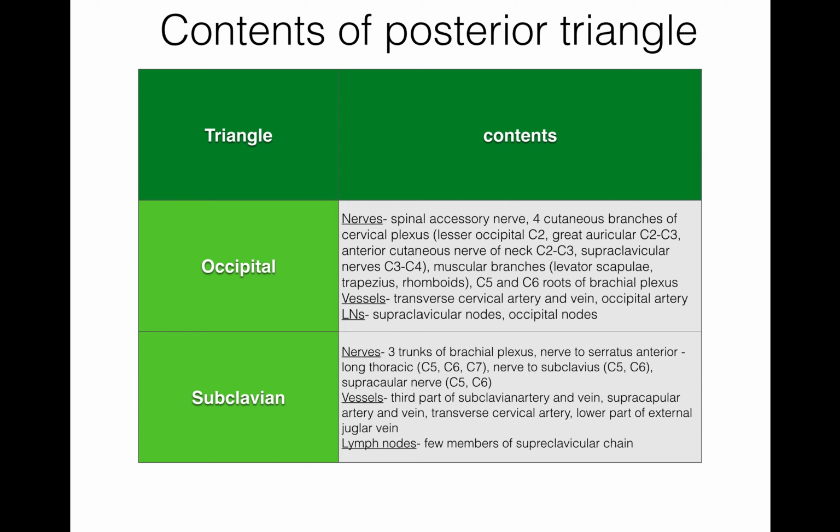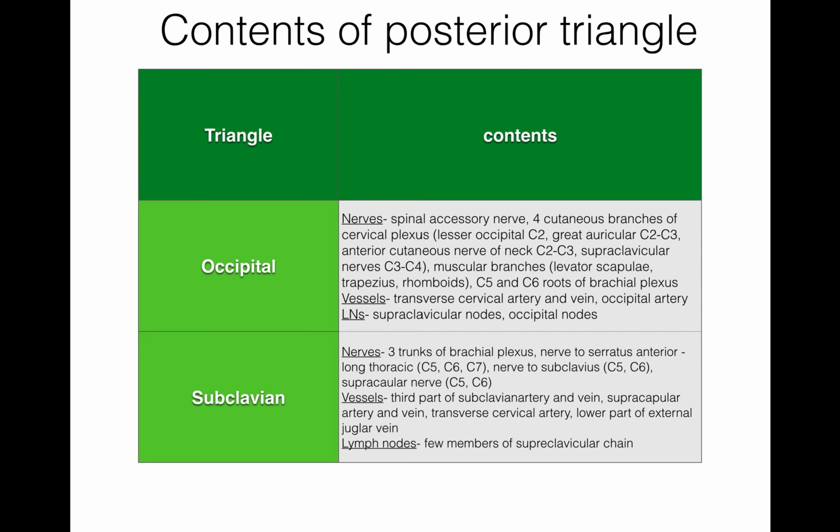The nerves include the spinal accessory nerve and the 4 cutaneous branches of the cervical plexus, and the muscular branches, and the C5 and the C6 roots of the brachial plexus. And the vessels are the transverse cervical artery and the vein and the occipital artery. And the lymph nodes include the supraclavicular nodes and the occipital nodes.